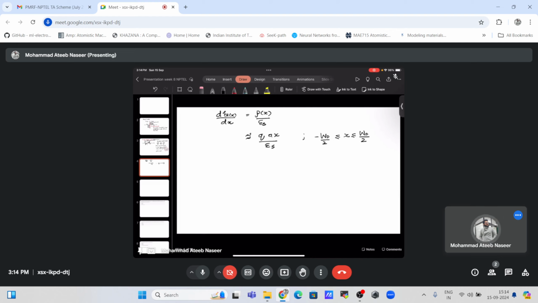So the electric field, we would integrate with respect to x, is simply q a x dx by epsilon s. Okay, so it will simply be q a by epsilon s, x square by 2 plus some constant c.